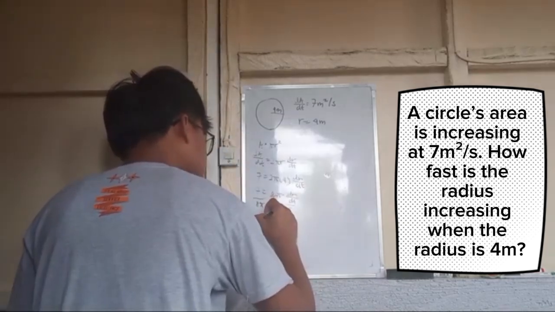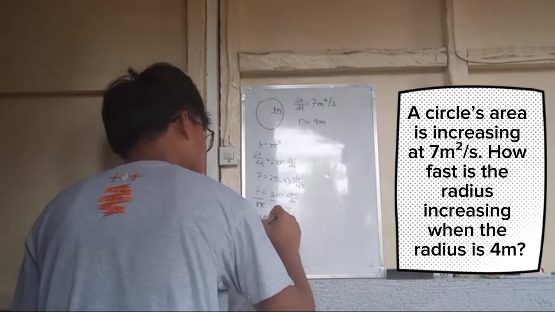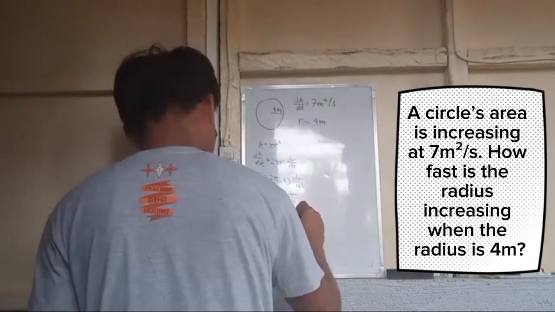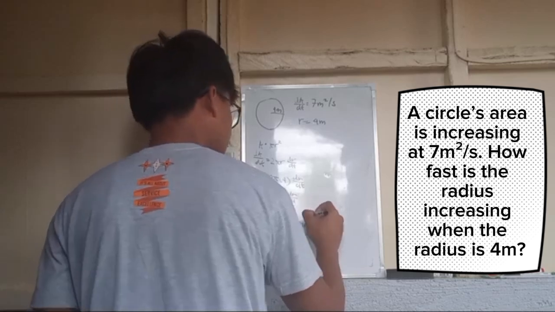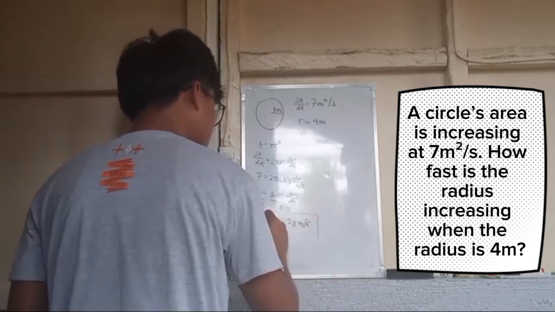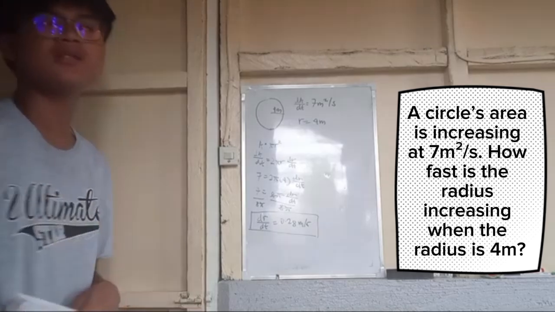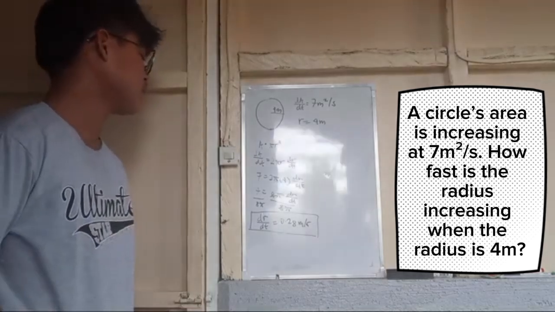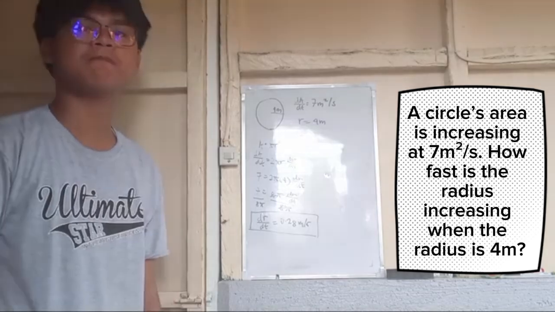So calculate, and you can get the value of dr over dt as 0.28 meter per second. So now we have the final value of the rate of the radius having a value of 0.28 meter per second.